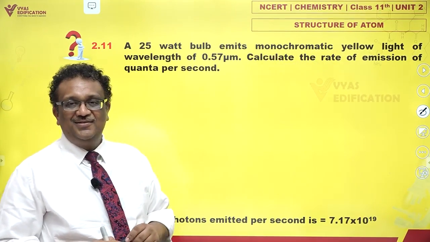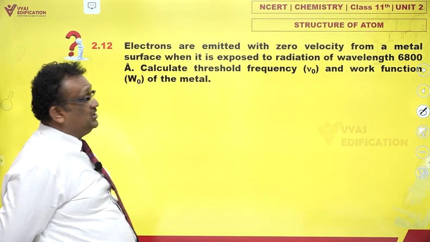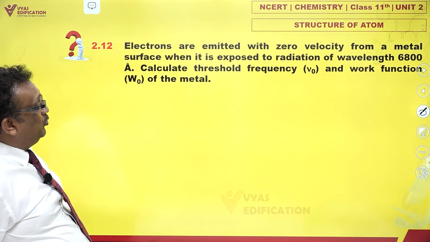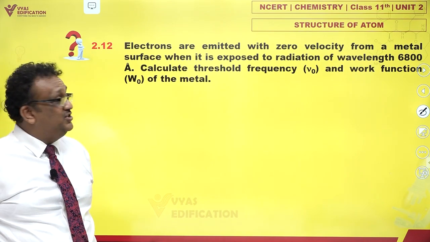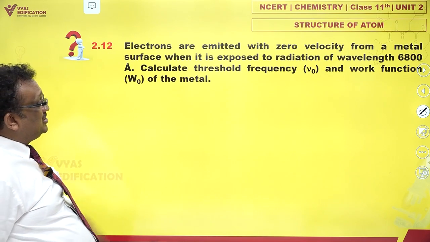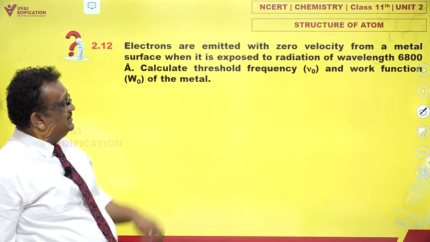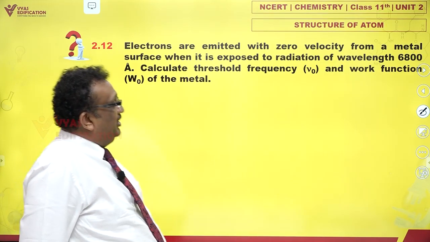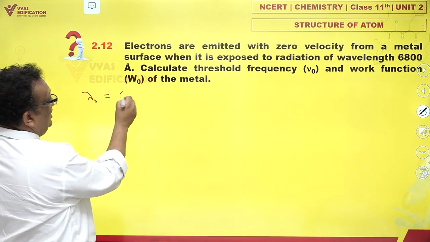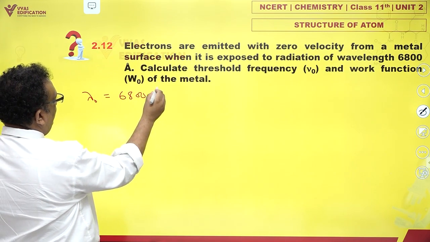Yes, it makes sense. Electrons are emitted with zero velocity from a metal surface when it is exposed to radiation of wavelength 6800 angstrom units. So this is the threshold wavelength, it means. Calculate the threshold frequency. The threshold wavelength lambda naught has been given to me as 6800 angstrom unit.